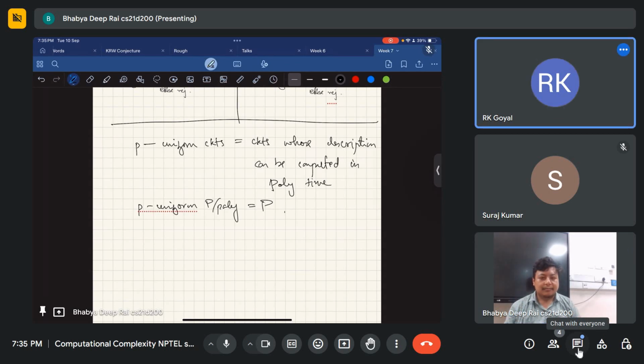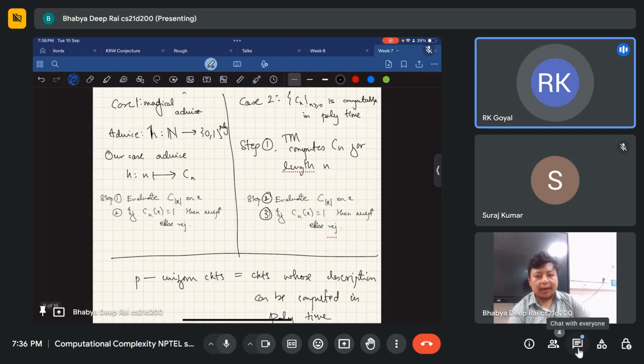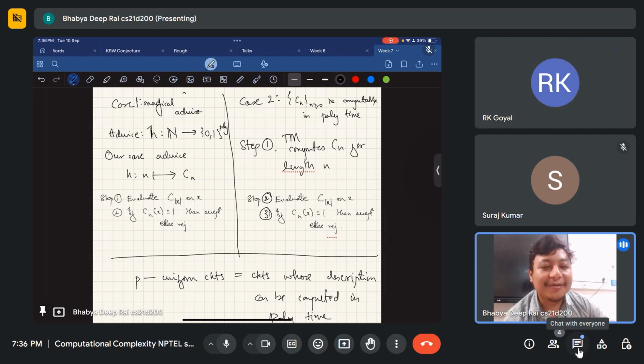My question is how the Turing machine generates the description of a circuitry. It's like the Turing machine itself is generating some kind of program. A program is generating some kind of program. Yeah, in a way you can imagine that. For example, let's say the Turing machine needs to generate a circuit for the same problem, whether the input has at least one 1 or not.